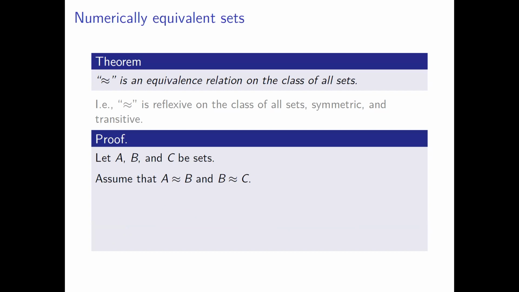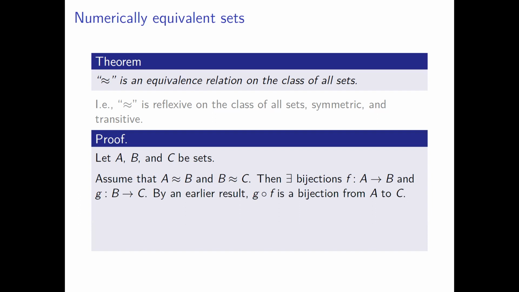Finally, we show transitivity. Assume that A is numerically equivalent to B and B is numerically equivalent to C. Then, by the definition of numerical equivalence, there exist bijections F from A to B and G from B to C. By a result in part 4, the composite function GF is a bijection from the set A to the set C. So A is numerically equivalent to C by the definition of numerical equivalence, and hence numerical equivalence is transitive.